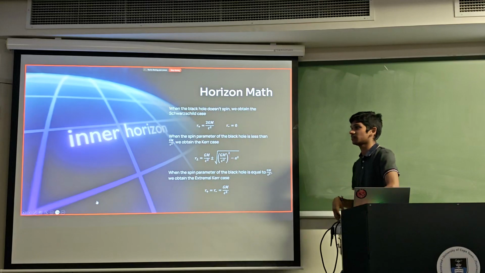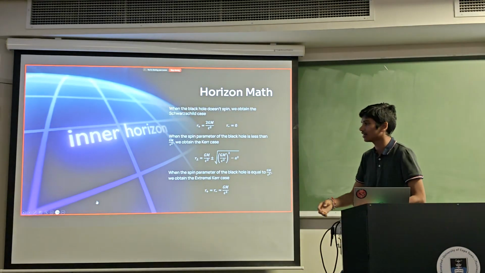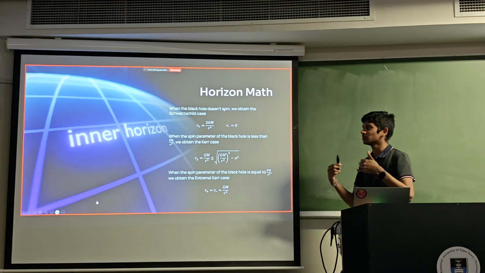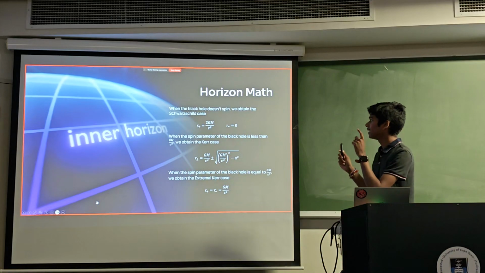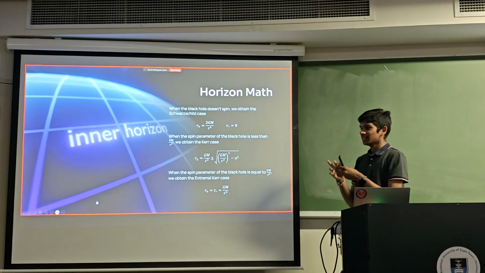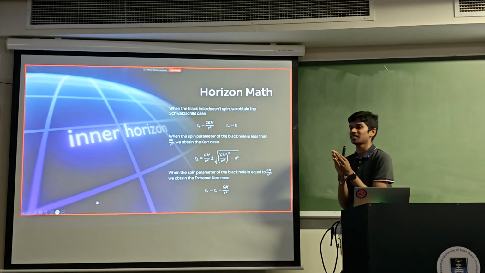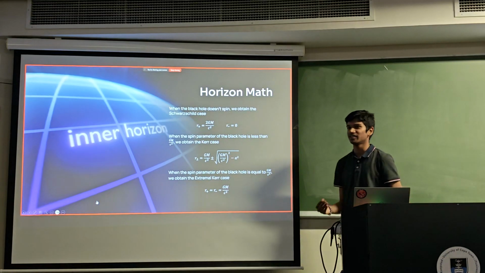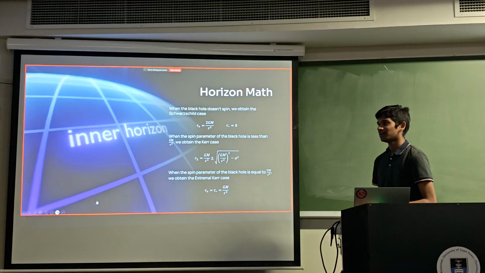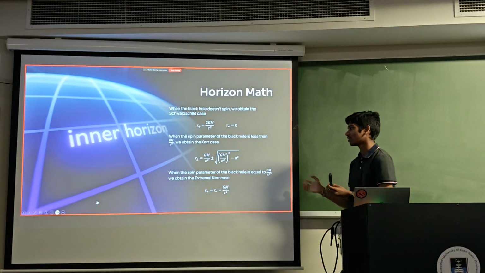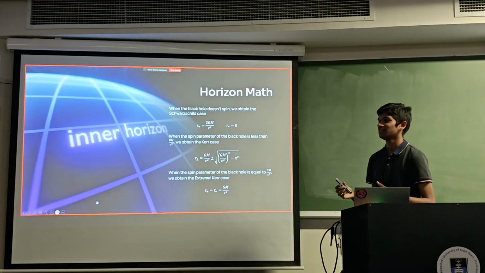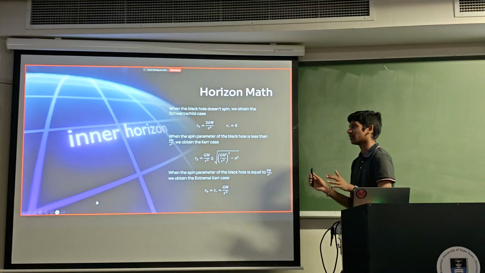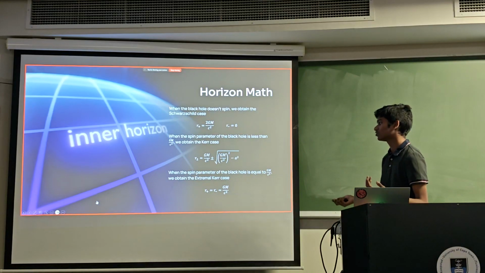When you enter the outer horizon, normal, but when you enter the inner horizon, things become much, much weirder. But for the extremal Kerr case, because the outer and inner horizon are the same, it's almost like you're not entering the outer horizon, you're directly jumping to the inner horizon. So instead of experiencing the regular black hole stuff we would have studied, you go straight to the very, very weird stuff. So that's why it's called the extremal Kerr case.